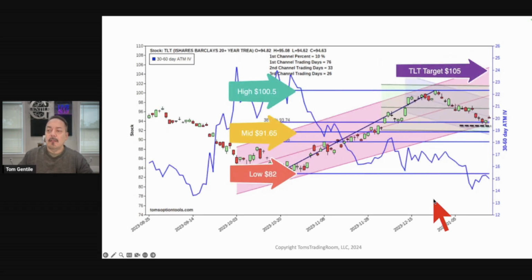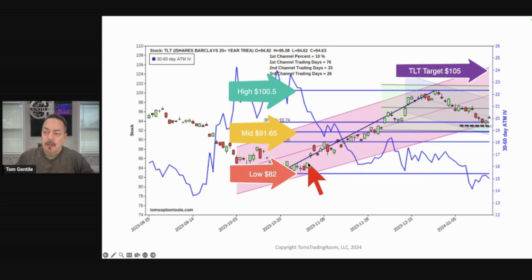Moving forward, this is TLT. Again, I describe TLT. It's the bond ETF. It's the 20-year Treasury bond ETF. And as you can see over here on the far left-hand side, back in September of last year, we were trading in the high 90s. We went down as low as 82. We bounced off of 82 in the middle of October and started to make a run up as interest rates go down.